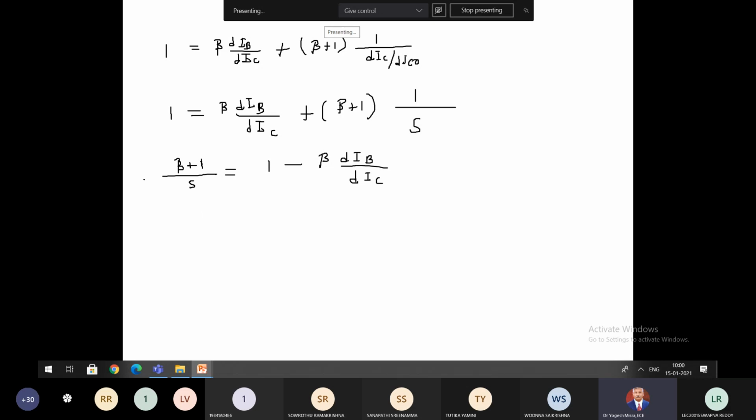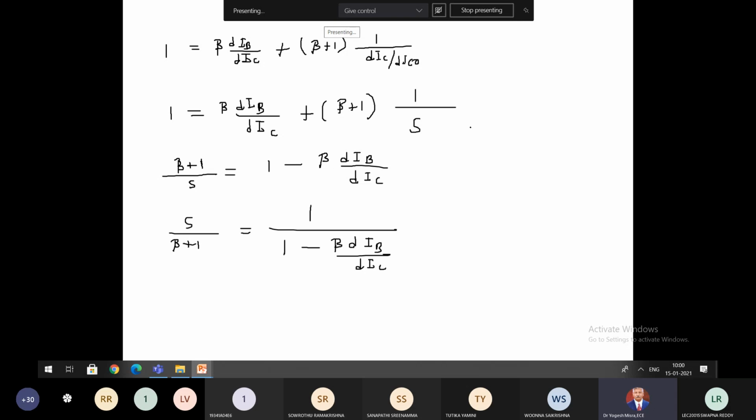And I will write this expression in a reciprocal way, means S by (beta plus 1), and this is equal to 1 by (1 minus beta dIB by dIC).